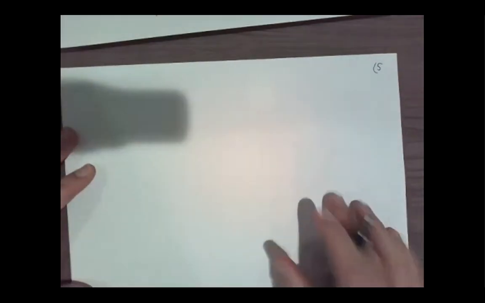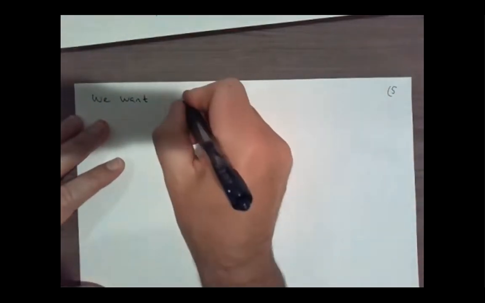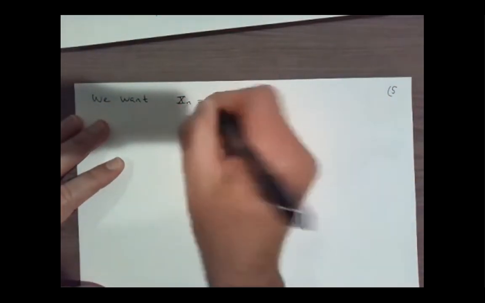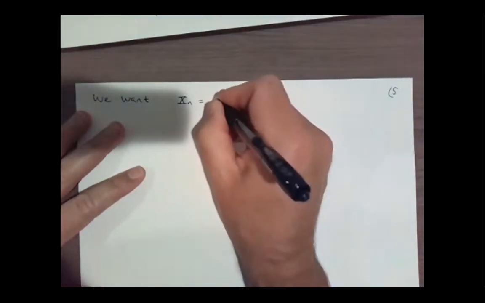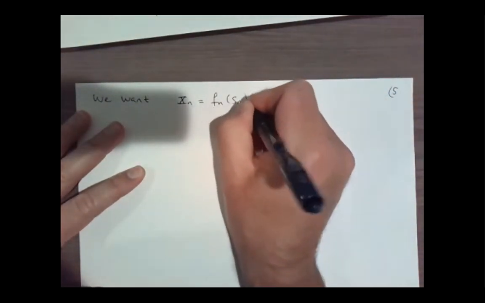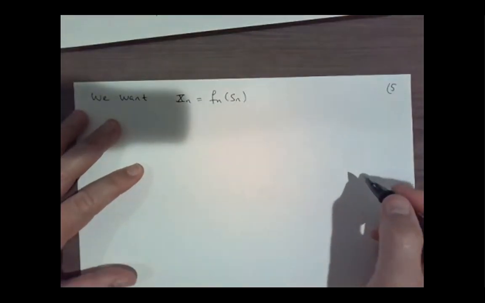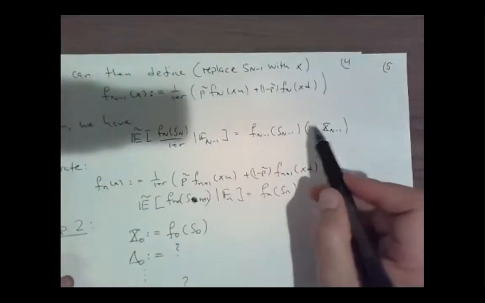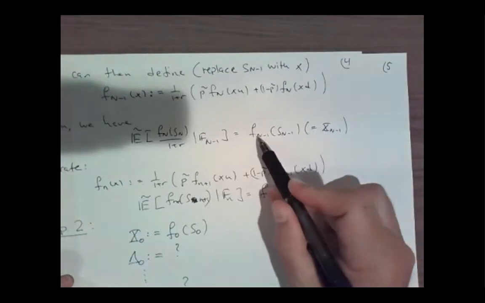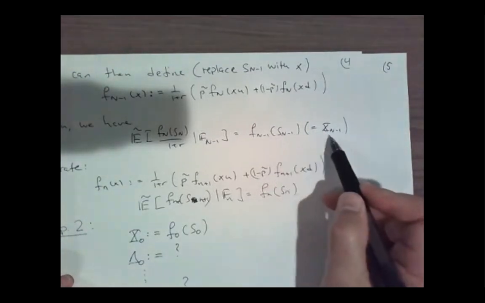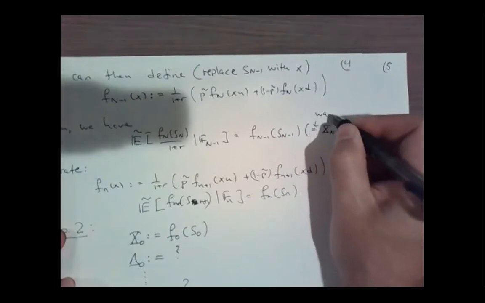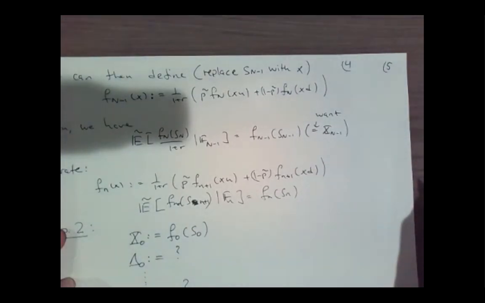We can figure it out because of the way we're going to do it. We want the replicating property. So we want xn, my wealth at time n, to be exactly fn of Sn. That's why I wrote this in parentheses: the function applied to Sn minus 1. This is what we want.